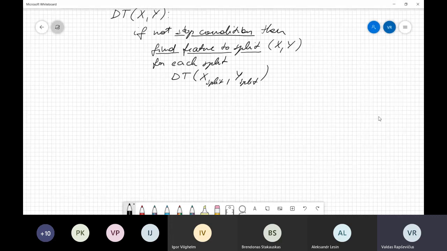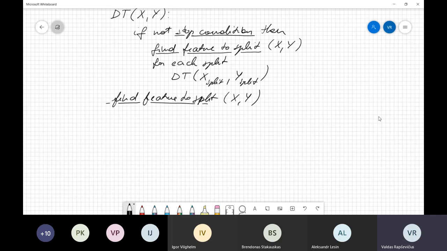All right, so let's talk it over. So basically find feature to split. Okay, and it was given an X and Y. This is either the whole data set or a partition, right?